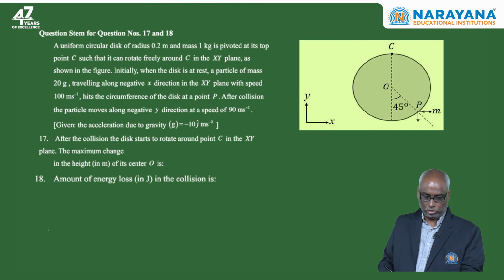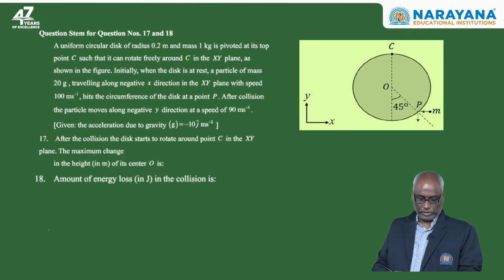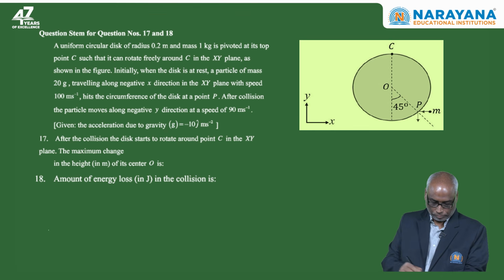Given acceleration due to gravity as minus 10 j cap meter per second square, the questions are: after collision the disc starts rotating about point C in the xy plane, the maximum change in the height of the center of the disc O is, and the amount of energy loss in joules is dash.